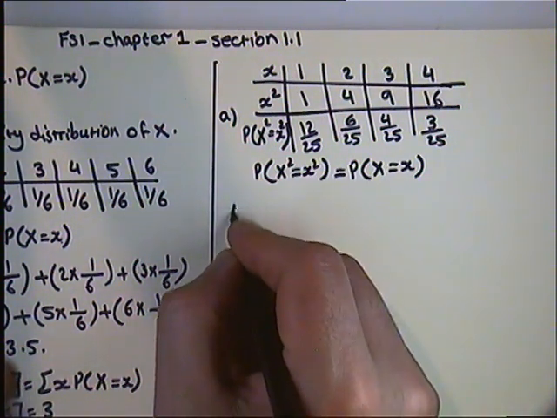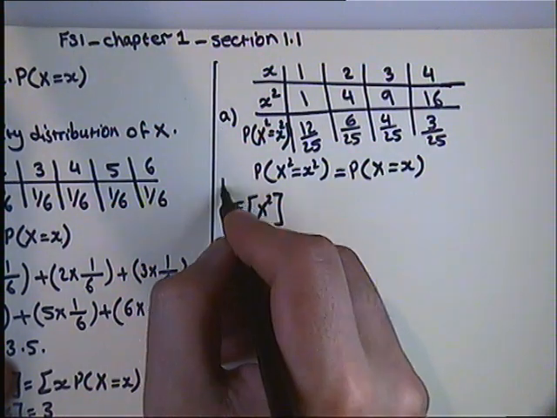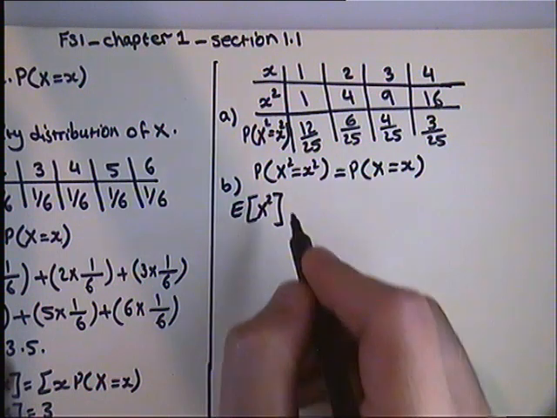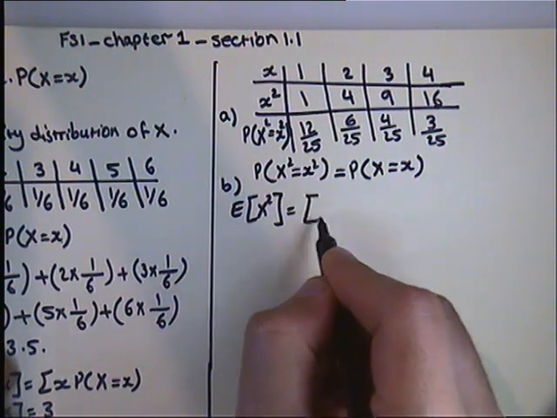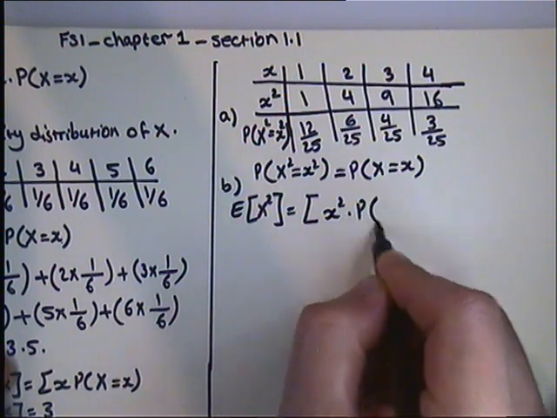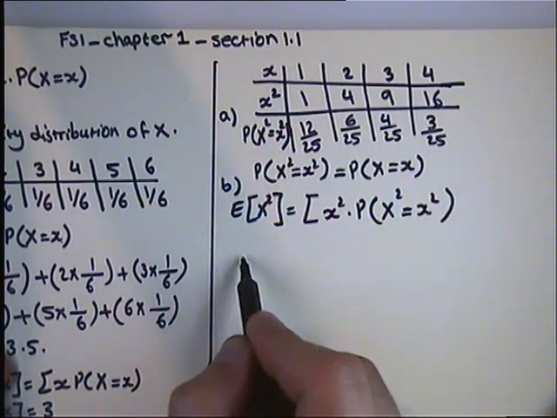E of x squared, which is part B. It says find E of x squared, which must be the sum of x squared times the probability of random variable x squared equals x squared.